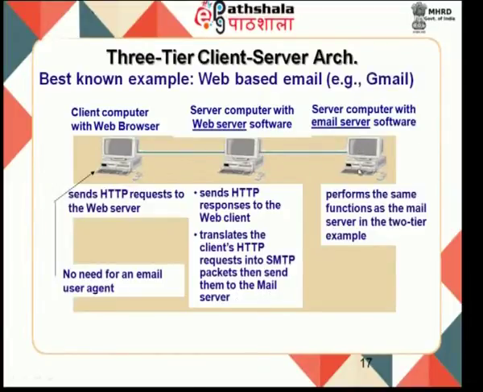So, what happens with this email server? This email server performs the same function as the mail server in the two-tier example we have seen in the previous figure. Now starts the SMTP protocol. From this mail server you transfer to any other mail server, it goes to the receiver computer and then the receiver client reads the mail message. So, what is the use of this three-tier architecture?